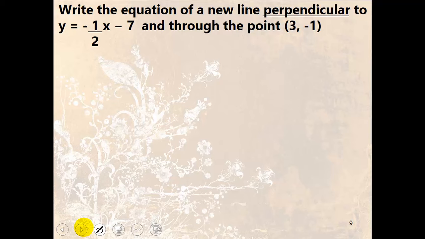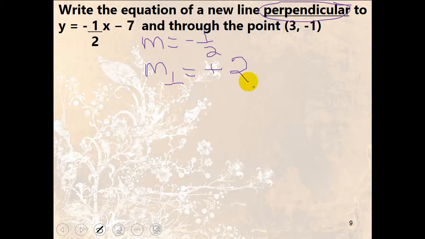All right, I'm going to go ahead and get started. My slope of the line that I'm given is equal to a negative 1/2. So my perpendicular slope is equal to positive 2.